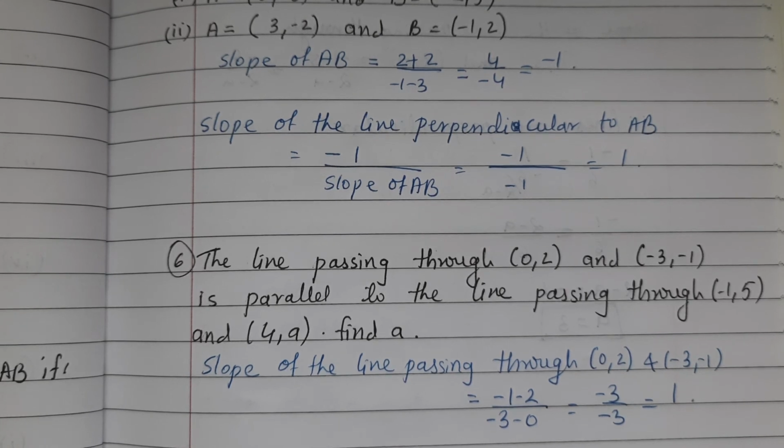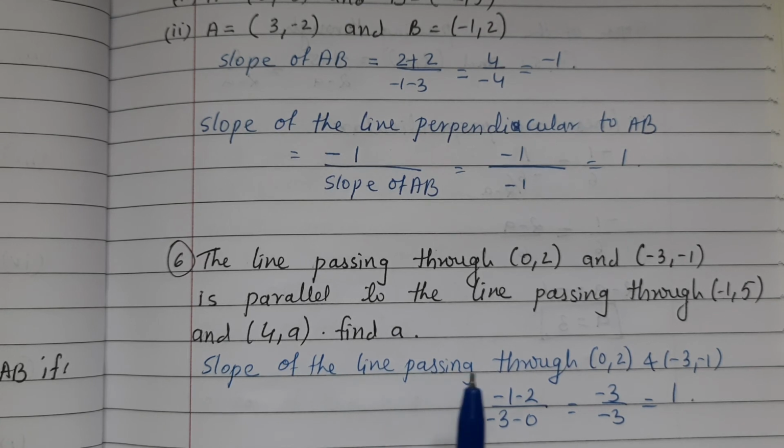Sum number 6. The line passing through (0, 2) and (-3, -1) is parallel to the line passing through (-1, 5) and (4, a). Find a.